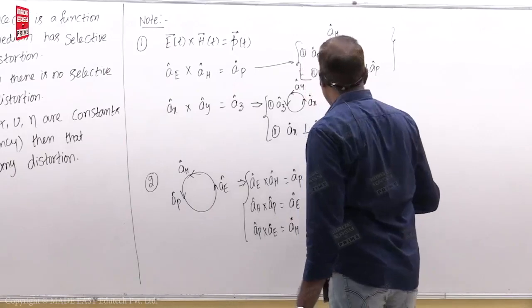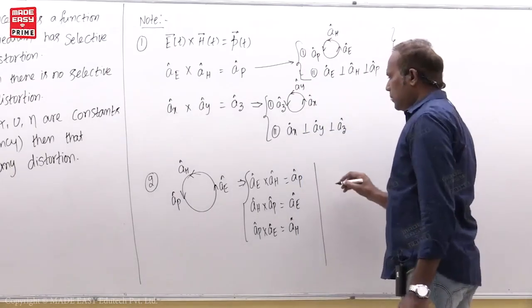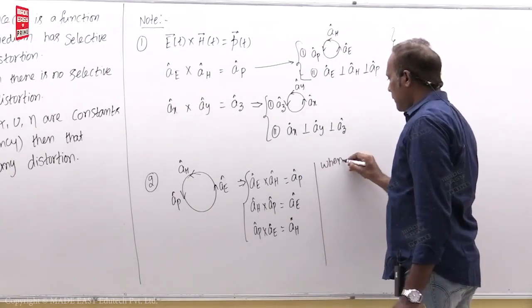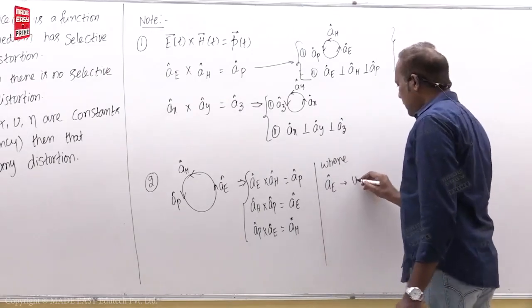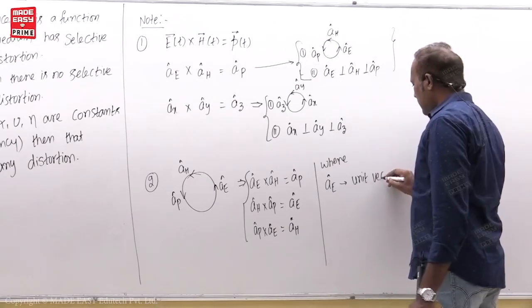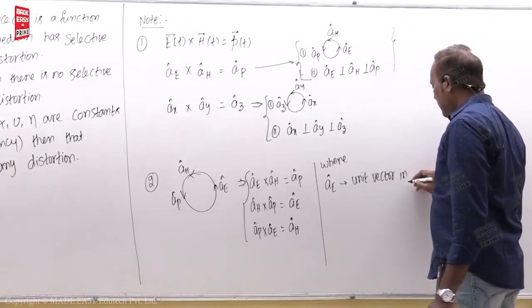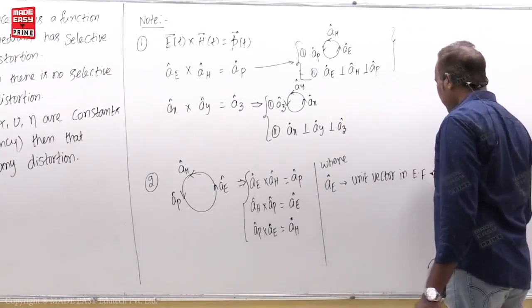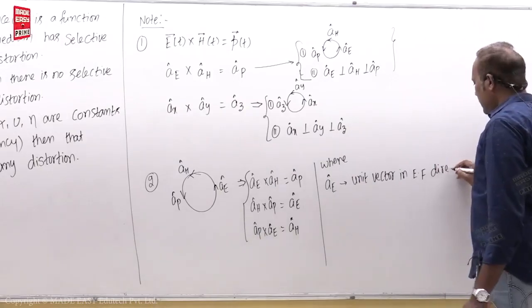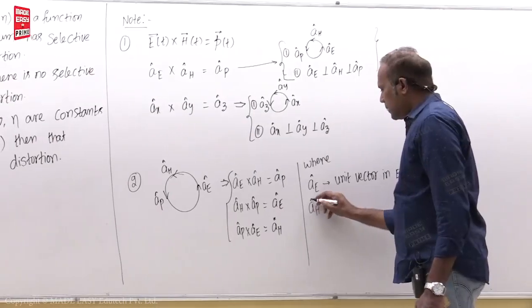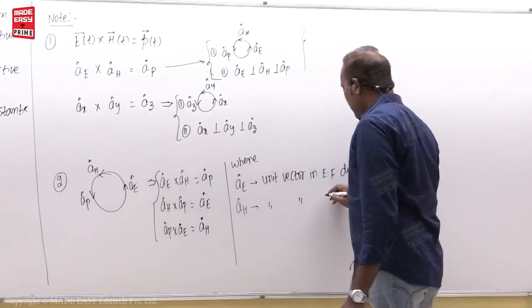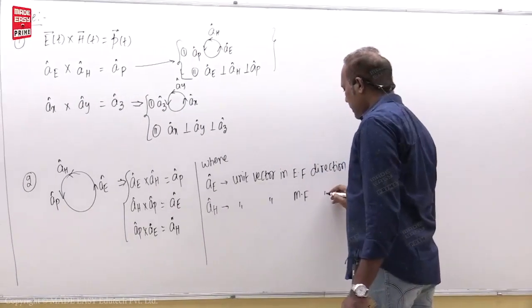Here, dear students, aE cap means unit vector in electric field direction, and aH cap means unit vector in magnetic field direction.